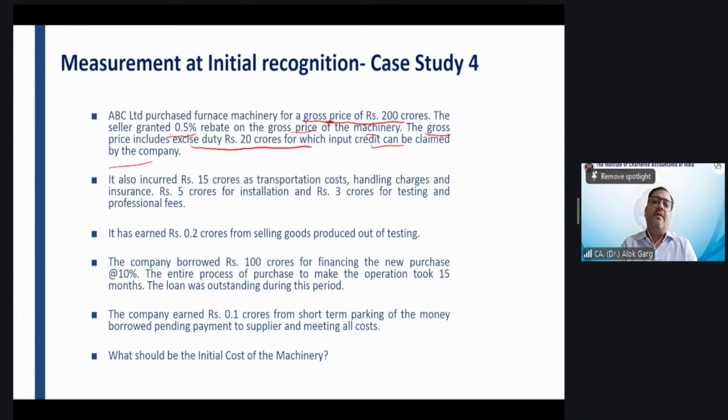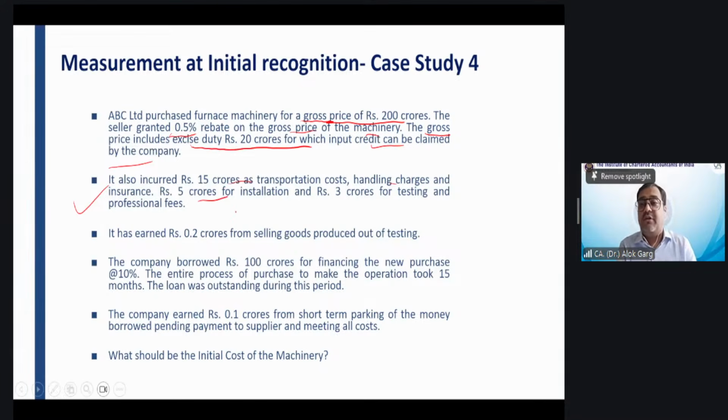Okay. Then it also incurred 15 crore as a transportation cost. Whether this transportation cost, handling charges and insurance, is also a directly attributable cost, yes, it is a directly attributable cost. So this 15 crore of handling transportation is going to be added. 5 crore for installation.